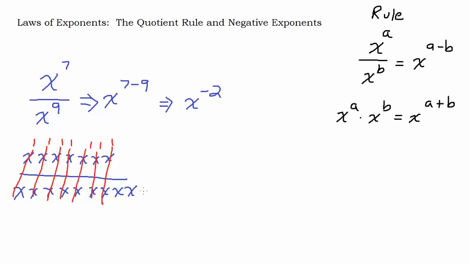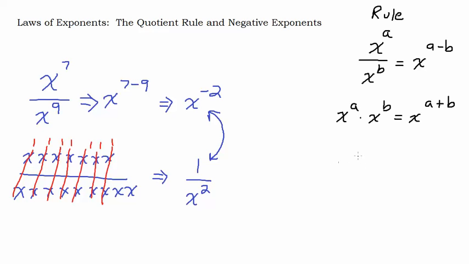I'm multiplying all these 1's together. I'm going to end up with 1 in the numerator, and in the denominator, I end up with x to the 2nd. So if I follow my rule, I end up with x to the negative 2. If I cancel them all out, I end up with 1 over x squared. Guess what? These two things are equivalent. That's what negative exponents mean.